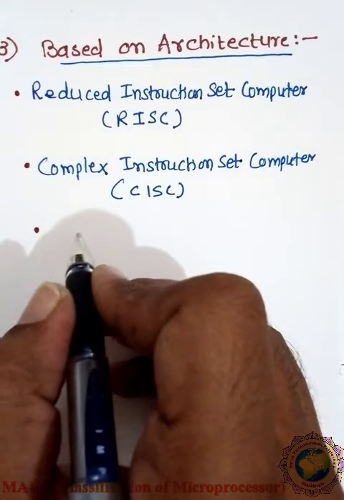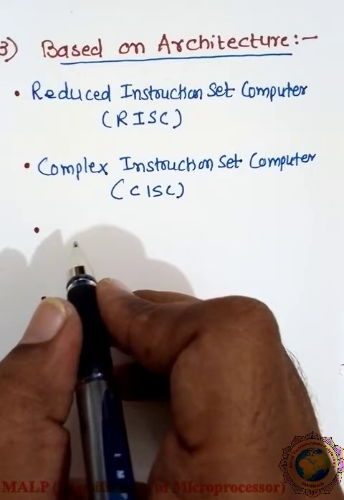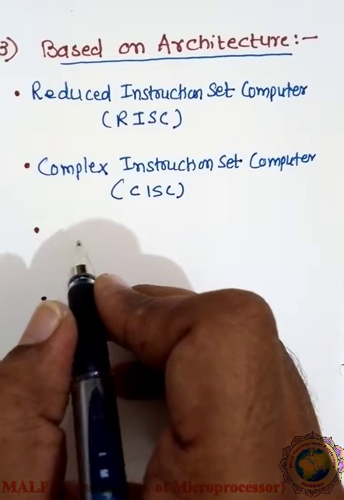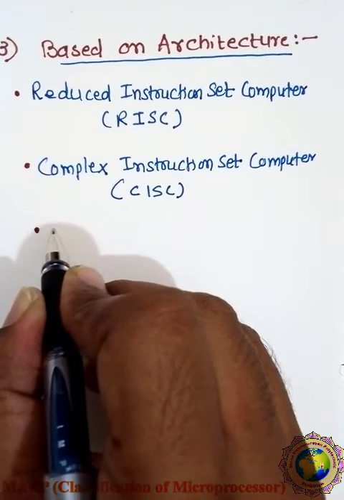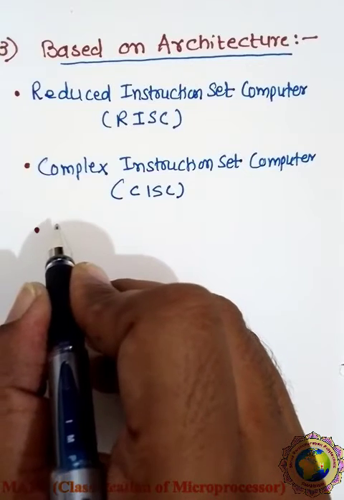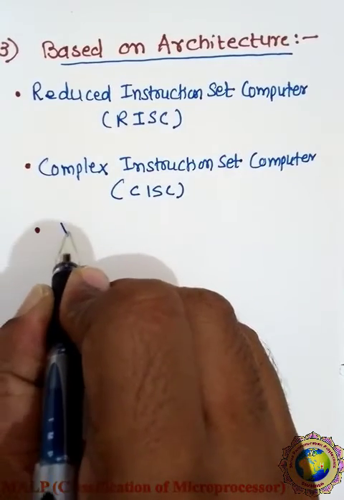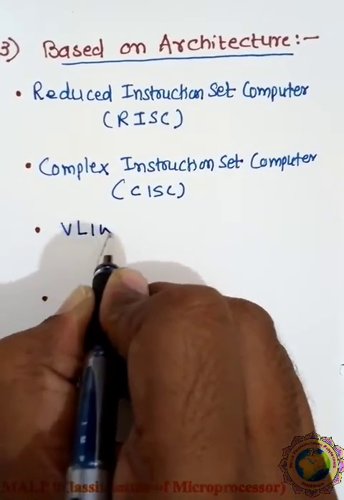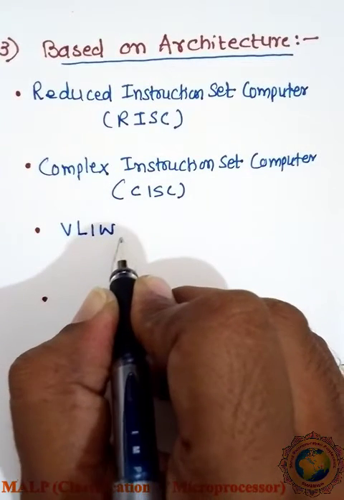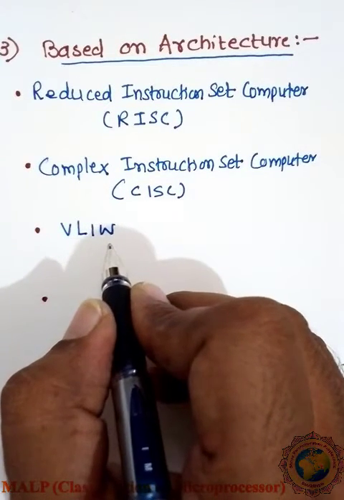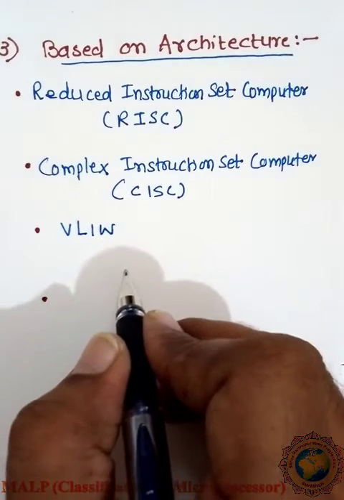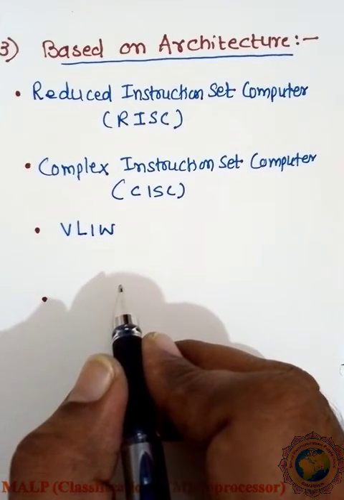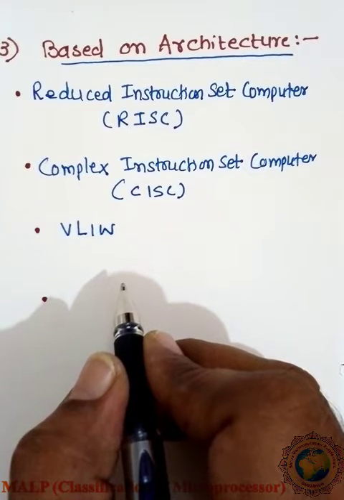Now the third one will be VLIW, which means very large instruction word processor, and these architectures are capable of executing multiple instructions in one cycle.